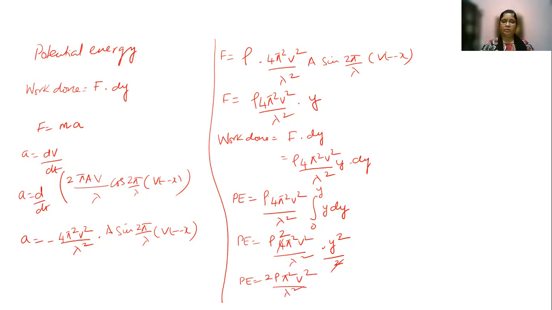I'm going to replace for y square. Y we have seen as a sine 2 pi by lambda (vt minus x). So I have a square sine square 2 pi by lambda (vt minus x). This is my potential energy equation.